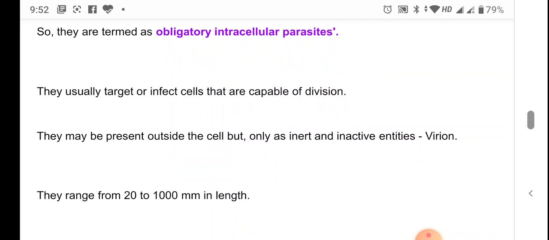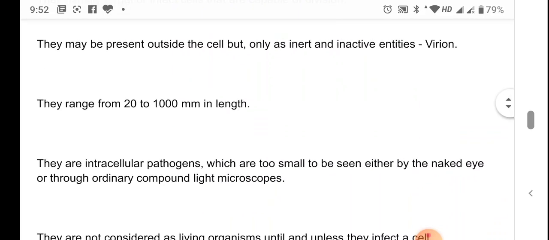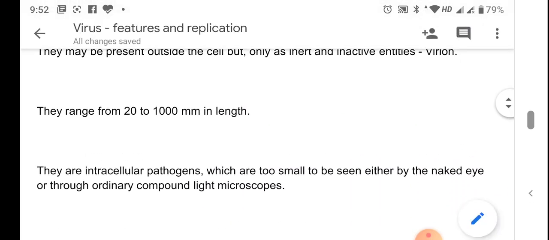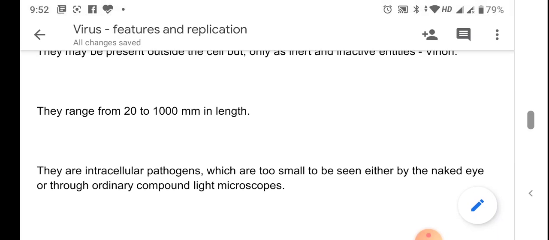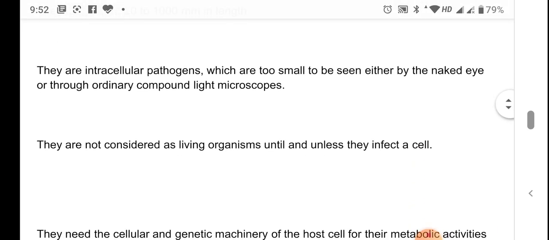About the virion we had a session earlier, and they range from 20 to 1000 nanometers in length. They are intracellular pathogens, and they are too small to be seen by the naked eye or through an ordinary compound light microscope.